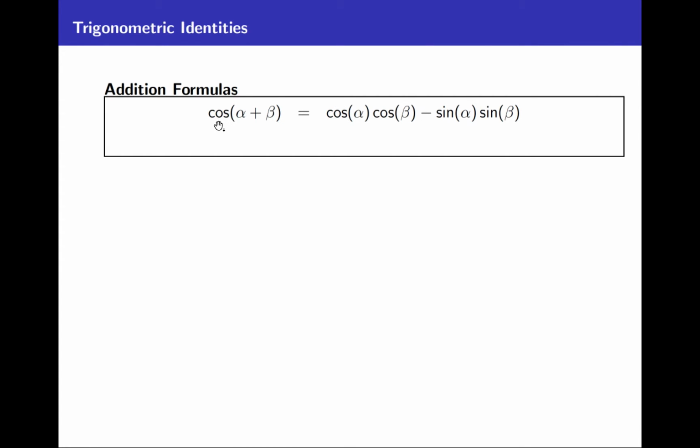There's a corresponding addition formula for sine. Sine of alpha plus beta is sine of alpha cosine of beta plus cosine of alpha sine of beta. It's a way of breaking up sine of the sum of two angles as an expression involving sine and cosine of those individual angles.